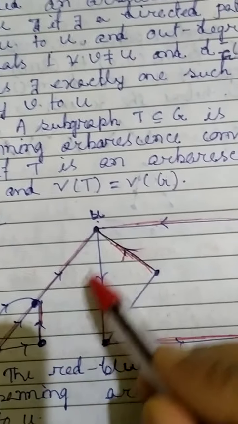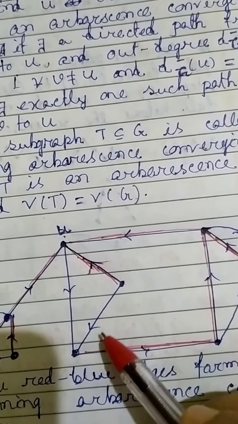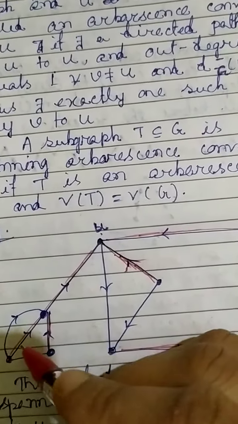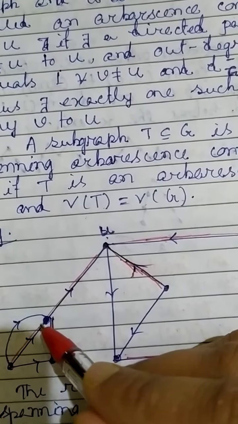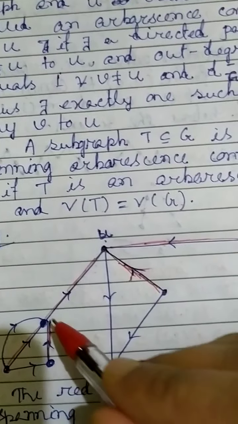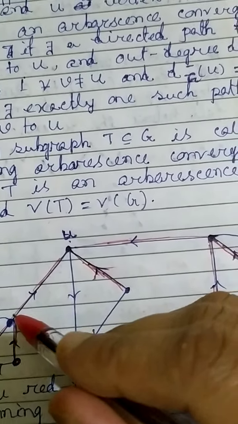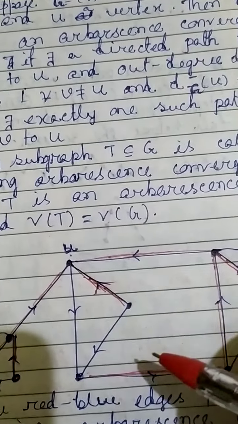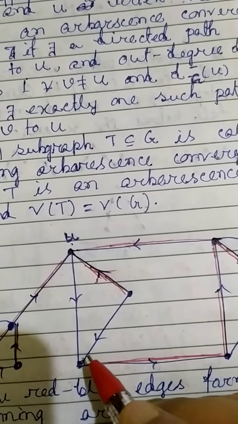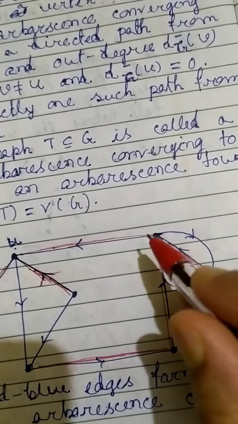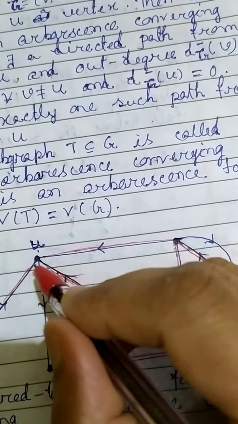Observe the out degree of each vertex: this vertex has out degree 1, this has out degree 1, and so on for each vertex, considering just the red and blue lines, and the out degree of the final vertex is equal to 0.